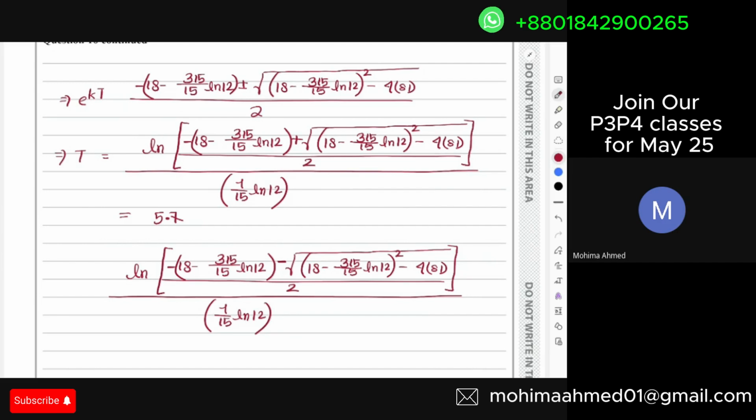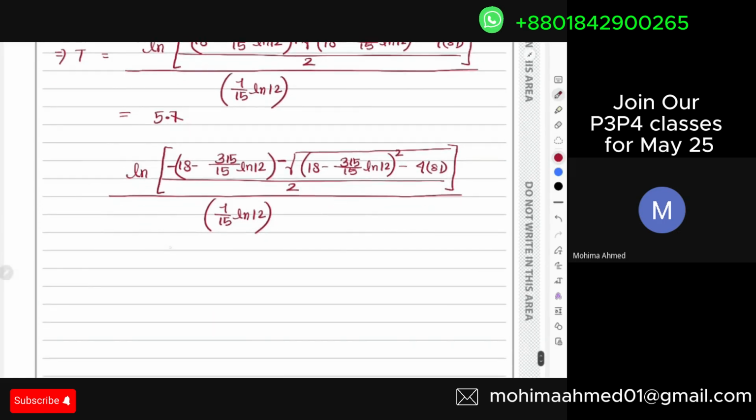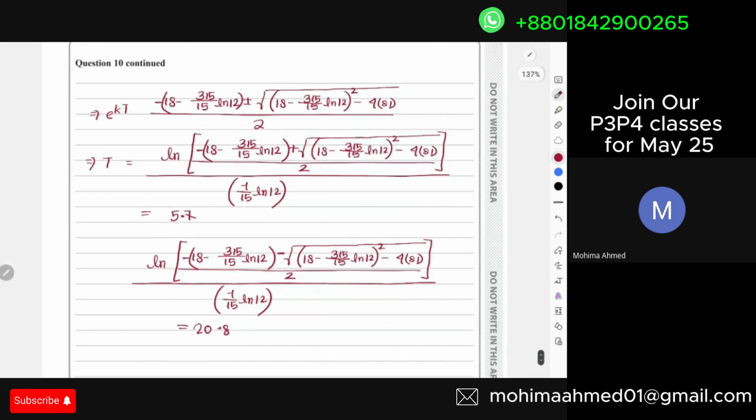That leaves you with 20.78, so we can write 20.8 for this value. So we have these two values, 5.7 and 20.8. You have to carry on with this entire equation and then solve this equation. Is this clear?